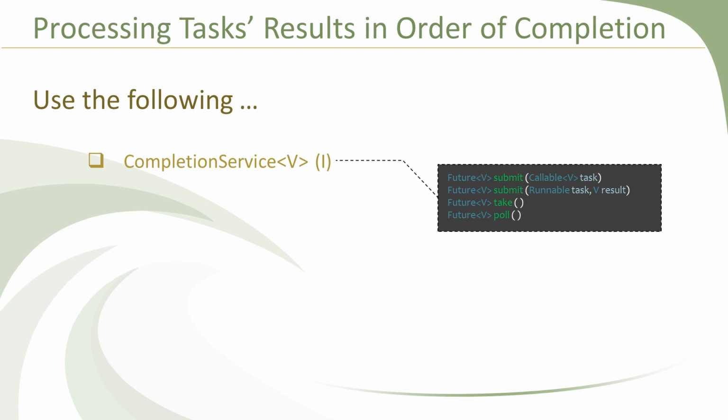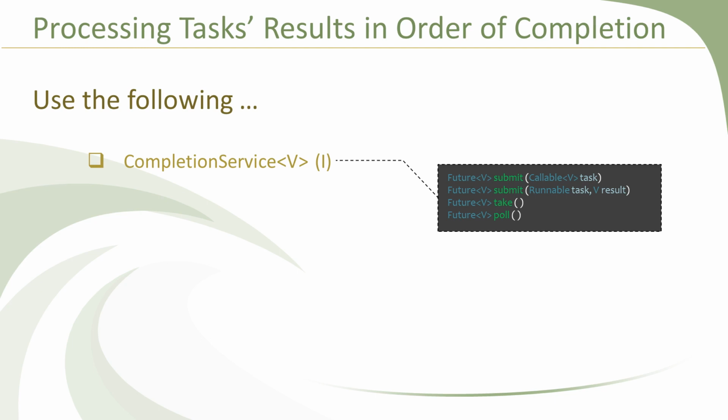The take method in this interface returns the Future instance representing the next completed task. The call to take blocks if no task has completed yet. As soon as a task is completed, take returns the Future instance corresponding to that task. After that, the result of the computation can be retrieved in the normal way from the Future using the get method.